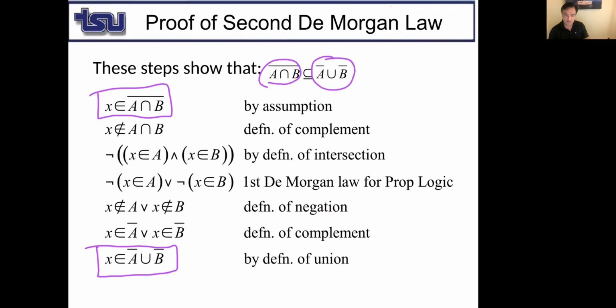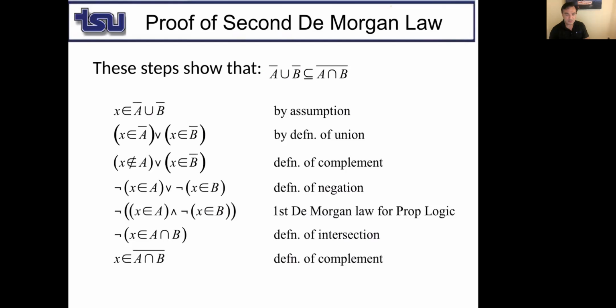Now I'm going to start with the opposite. This time I'm going to show that this guy is a subset of this guy. Therefore, I will assume X belongs to the first set here. In other words, X is an element of A complement union B complement. That means X is an element of A complement or X is an element of B complement.